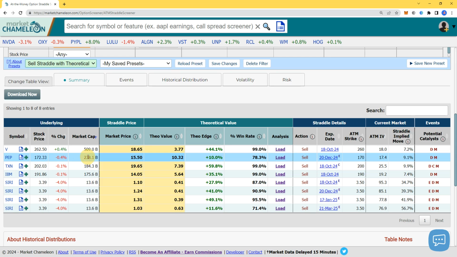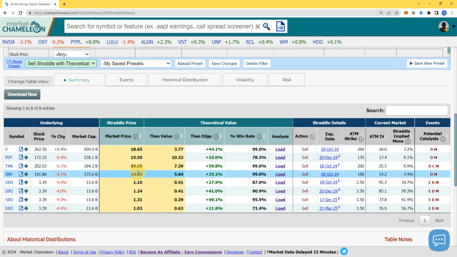Market cap 238 billion. Look at this, $1,500 compared to $1,000 that you can collect. 78% win rate. Okay, so you said this is for the sum. It's a little too far for me. But this is 99% Texas Instruments. Let's look at IBM.